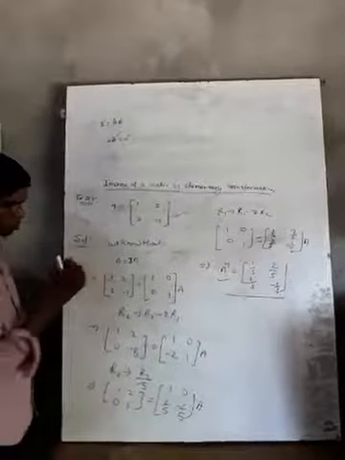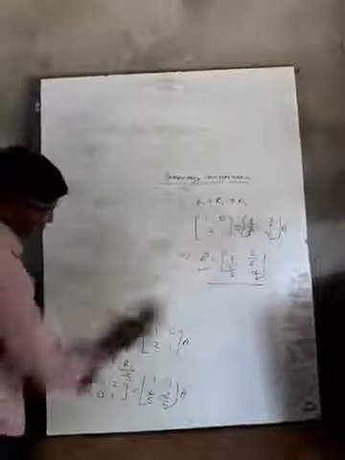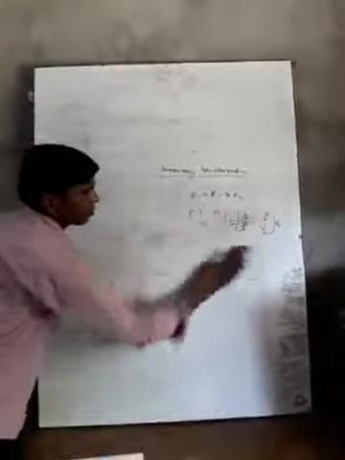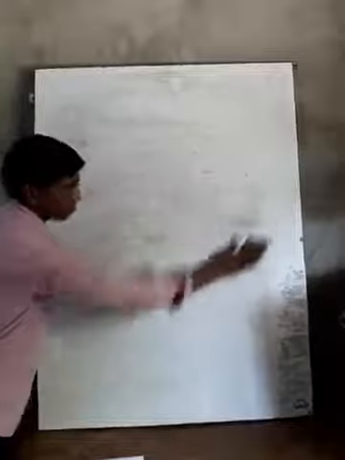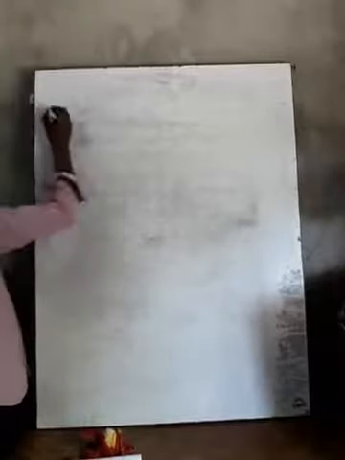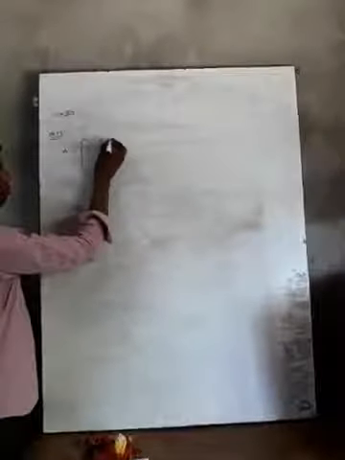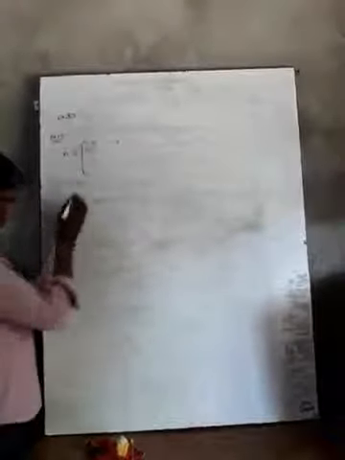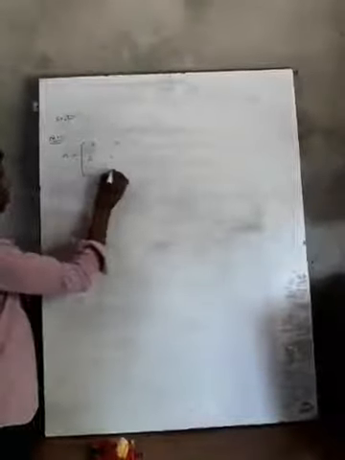One more question I will do, question number 15 of order 3. Exercise 3.4, question number 15. A is equal to, given here, 2 minus 3 3, 2 2 3, 3 minus 2 2.